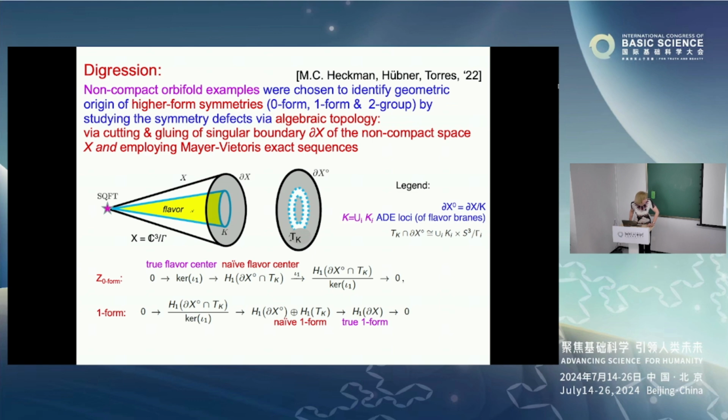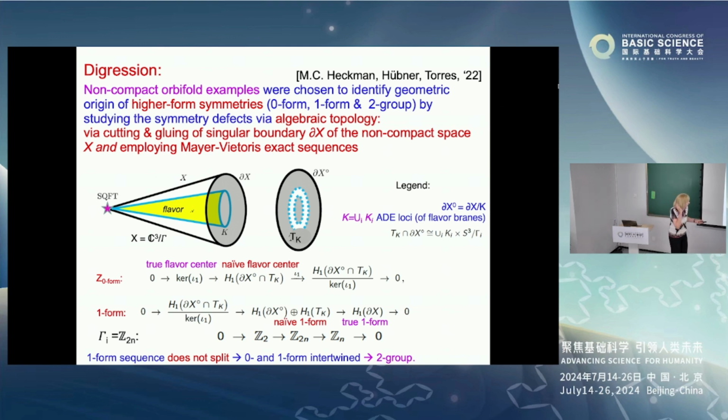A particular thing that we notice in non-trivial cases like this one is that when this sequence doesn't trivially split, when this is not just the sum of those things, as is the case here, we see the intertwining of true flavor center symmetries with true one-form symmetries, which leads to the two-group structures in this context.